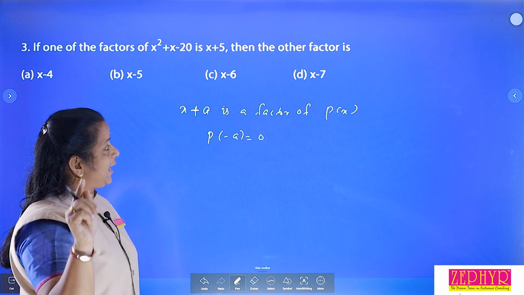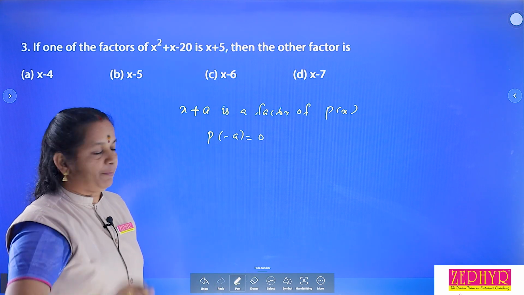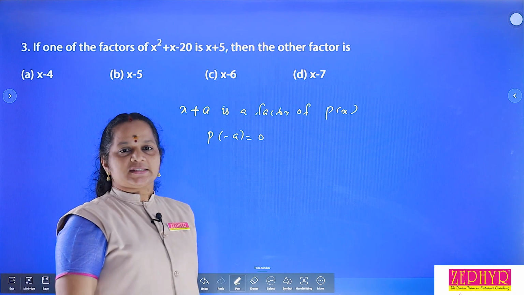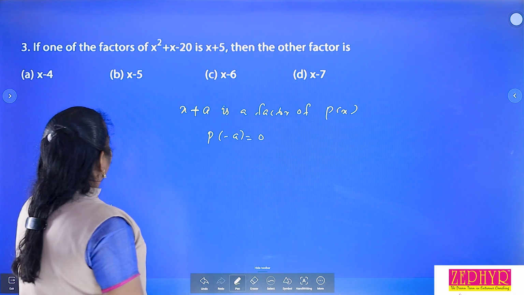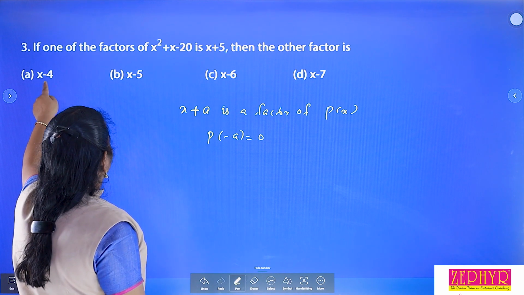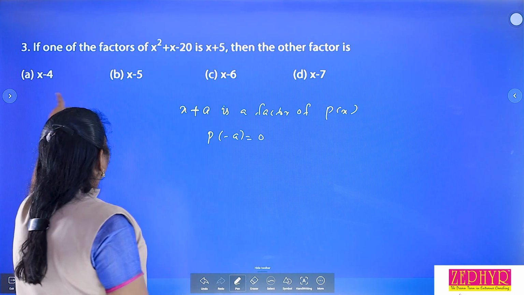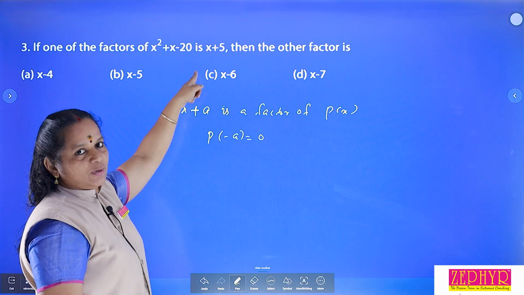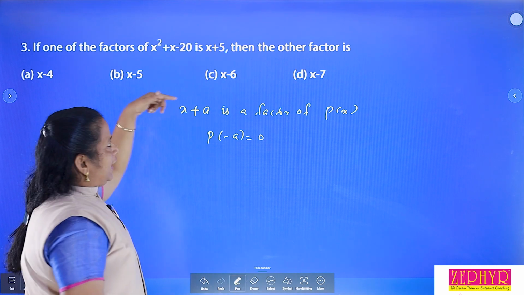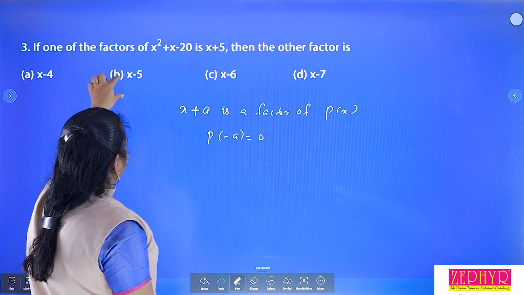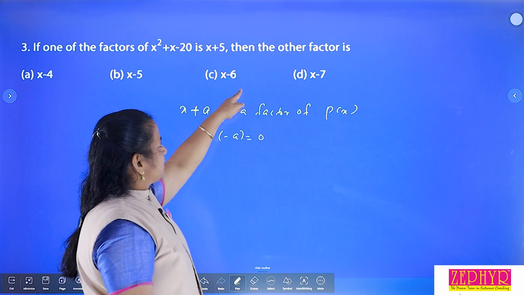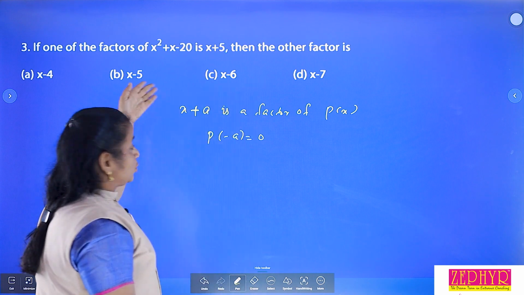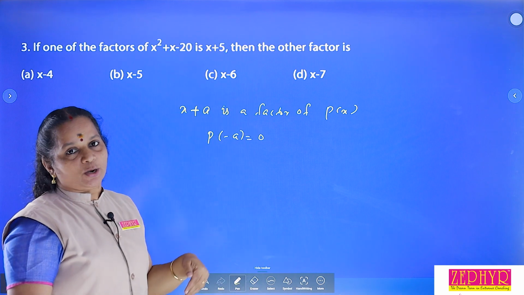Then as earlier I told you, we can take the options: if x minus 4 is a factor, then x equal to 4 satisfies this equation. That's the easiest way. If x minus 5 is a factor, then put x equal to 5 here; if x minus 6 is a factor, do the same process, and we can easily find out the answer.